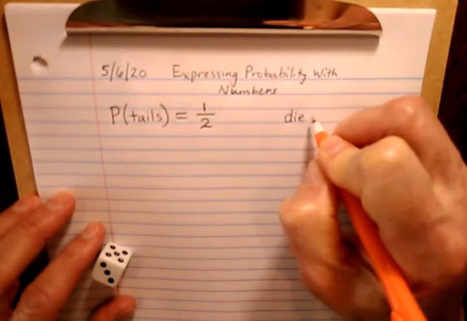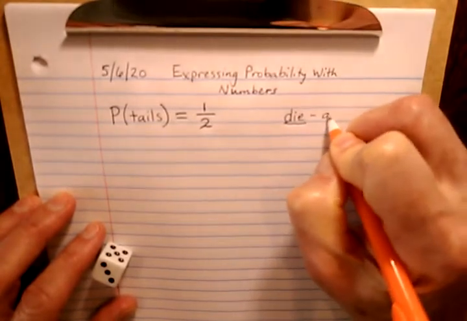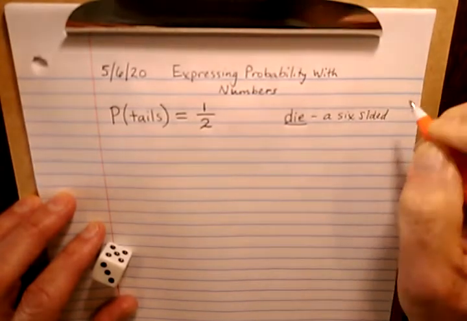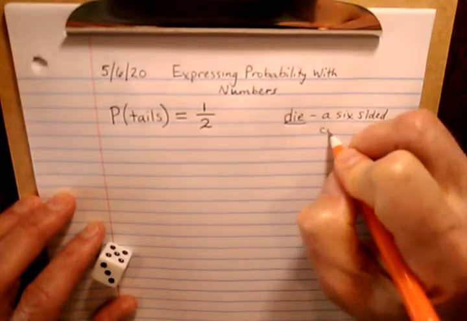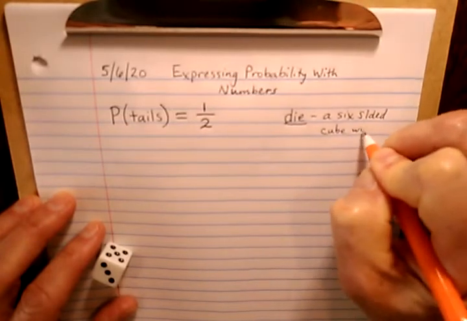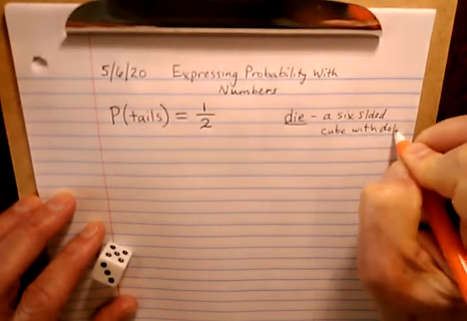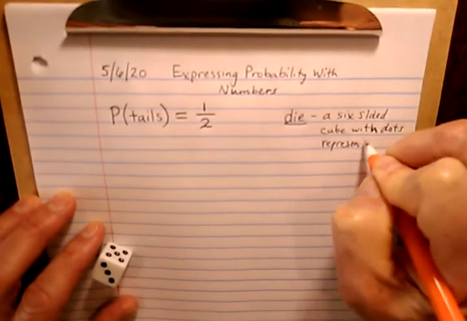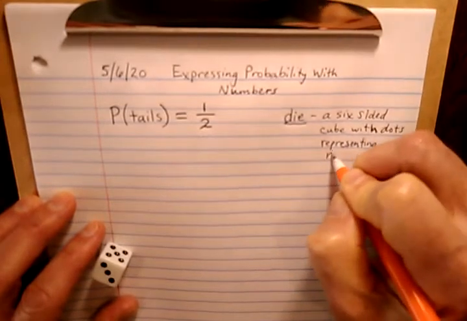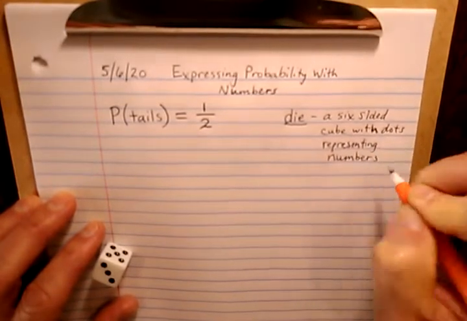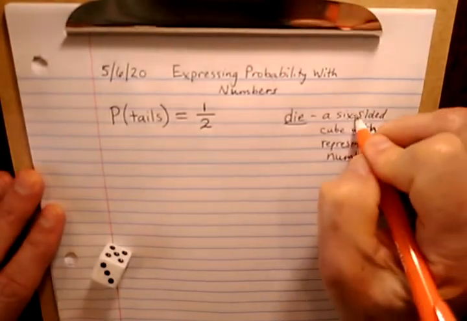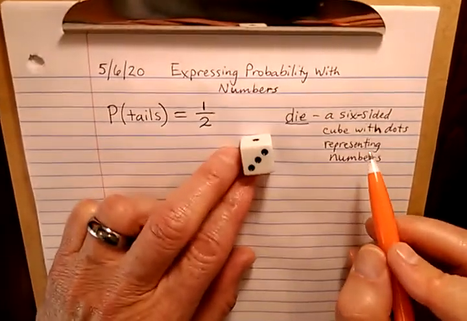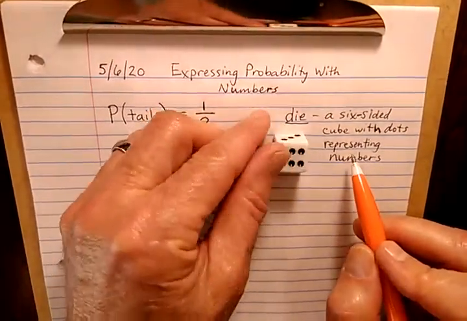A die is a six-sided cube with dots representing numbers.